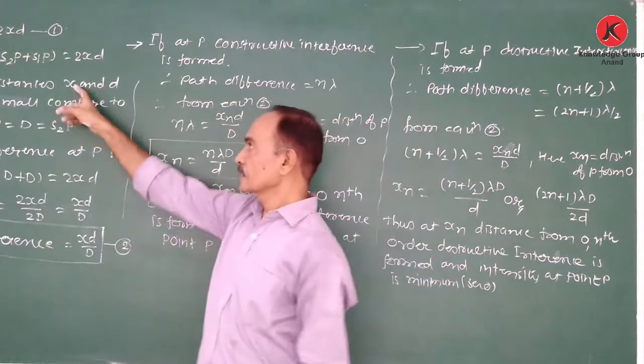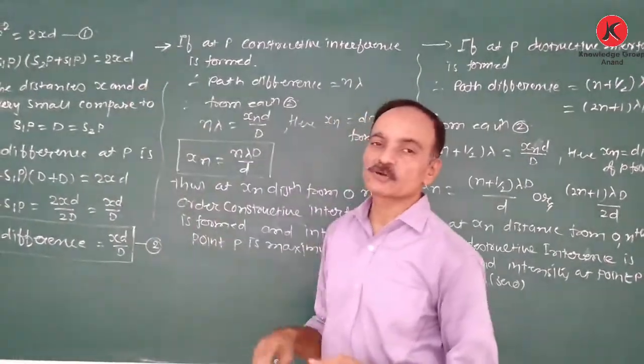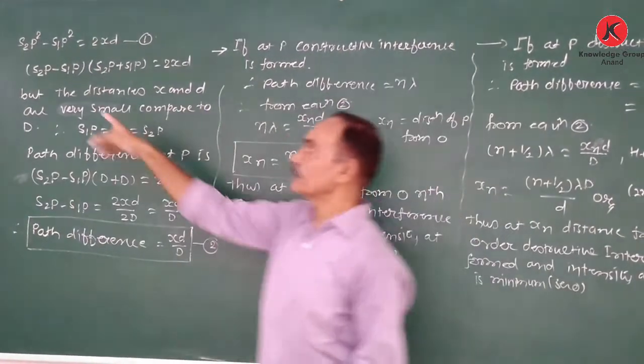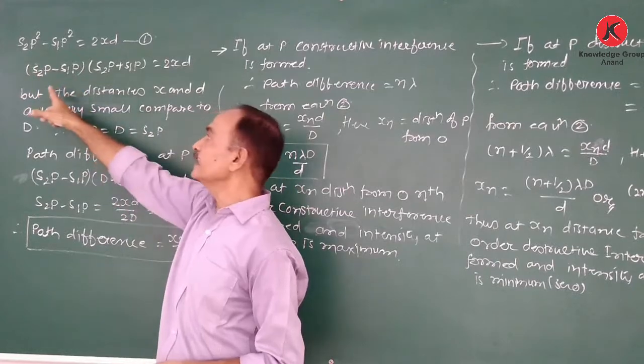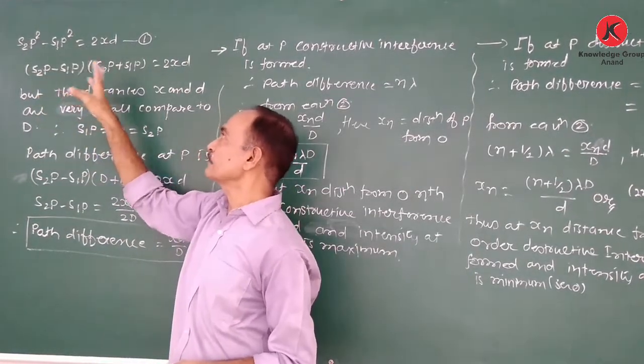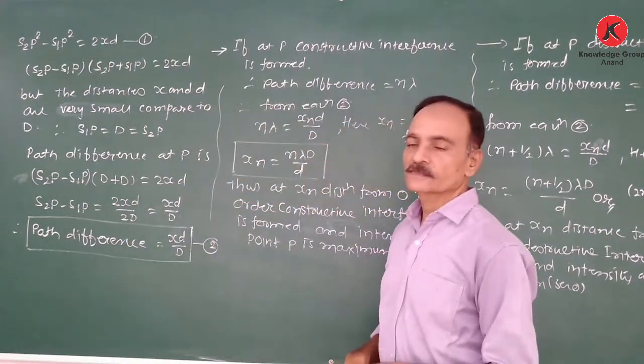So here the last equation is S2P square minus S1P square is equal to 2xd in Young's double slit experiment. Here we simplify the left hand side by x plus y, x minus y. Therefore S2P minus S1P, second bracket S2P plus S1P is equal to 2xd.